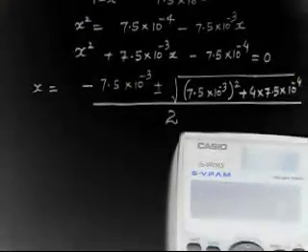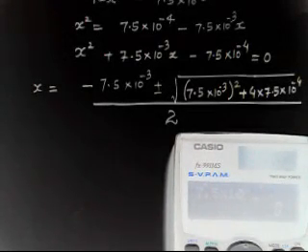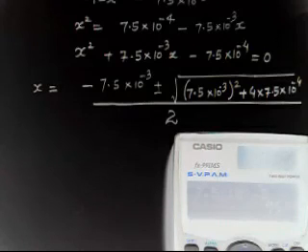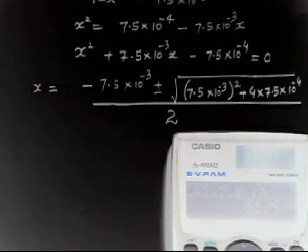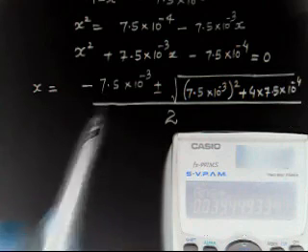So I will use my calculator. So 7.5 into 10 raised to the power minus 3, and this whole square, plus 2 into 7.5 into 10 raised to the power minus 4, and I have to take the root of this. So root of answer, and because I cannot take the negative root, I have to subtract this one.